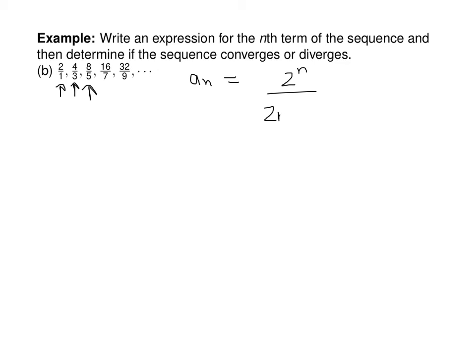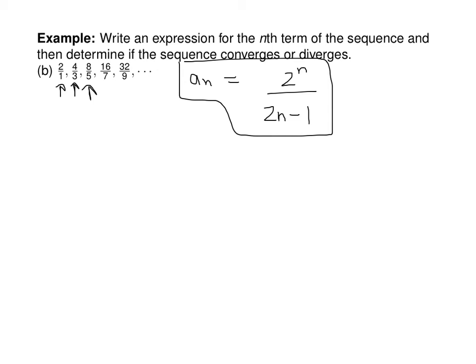So 2n minus 1. Let's just check that. When we plug in 1, 2 times 1 is 2, minus 1 gives us 1. If you plug in 2, 2 times 2 is 4, minus 1 gives you 3. So there is a formula for the nth term.